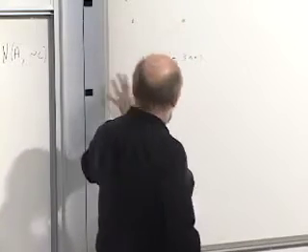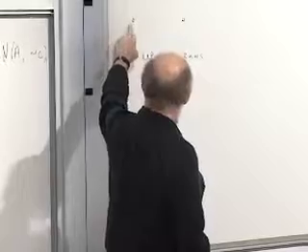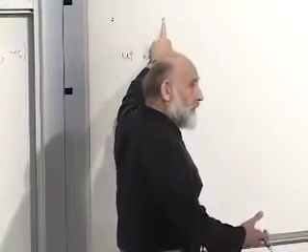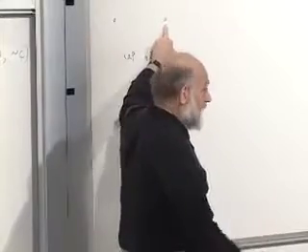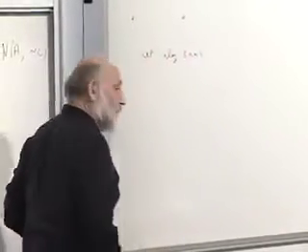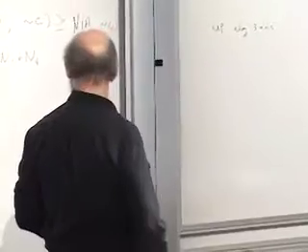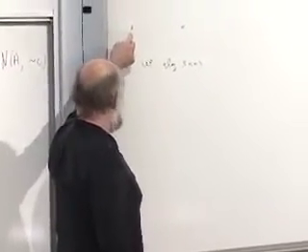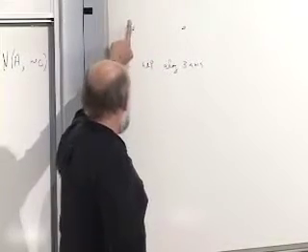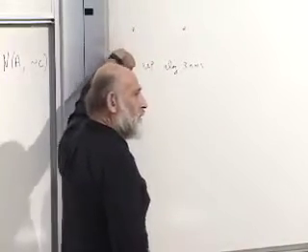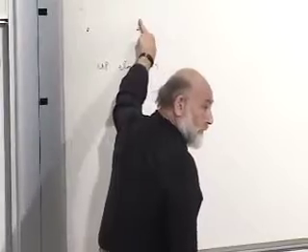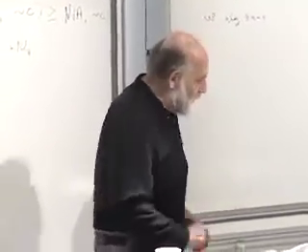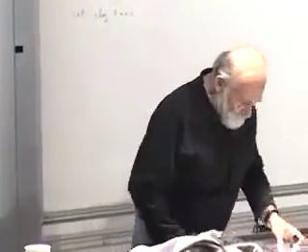So the negative of a proposition about one spin becomes the positive statement about the other spin. The negative of this spin being up is the spin down, but then it's the same as saying that the other spin is up. So we just have to keep track of the relationship between these various propositions.